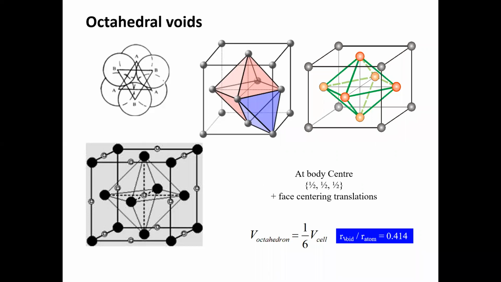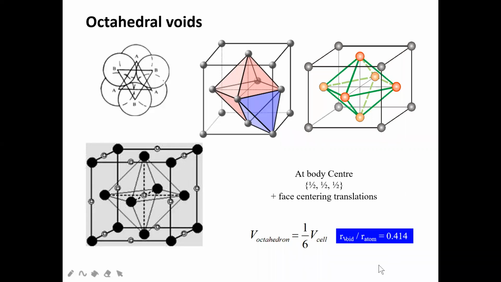And the other octahedral sites lie at the center of the edges. So we have 12 edges, and the center of each edge is basically an octahedral void. An octahedron is formed between 6 neighbors, so the coordination number for any octahedral site is 6.